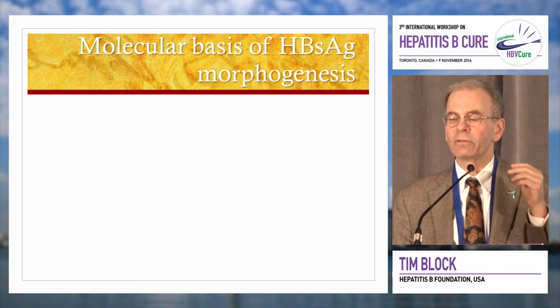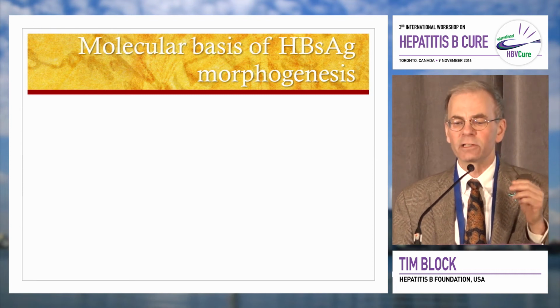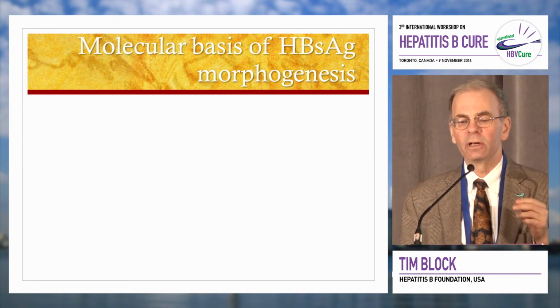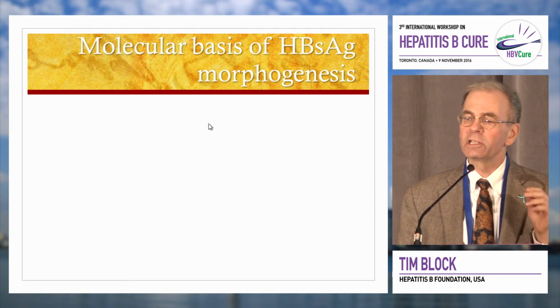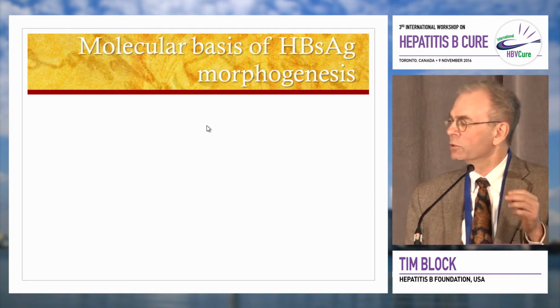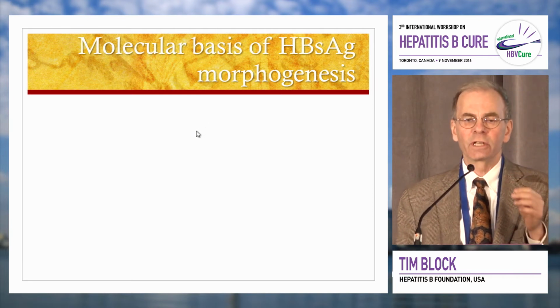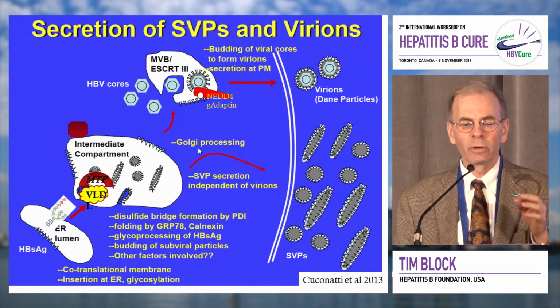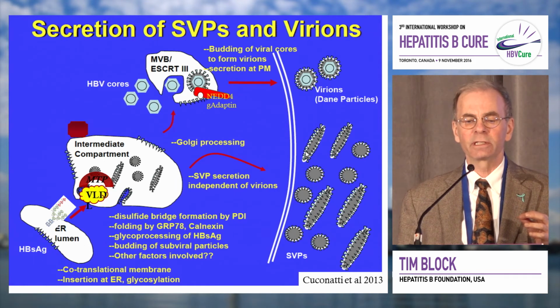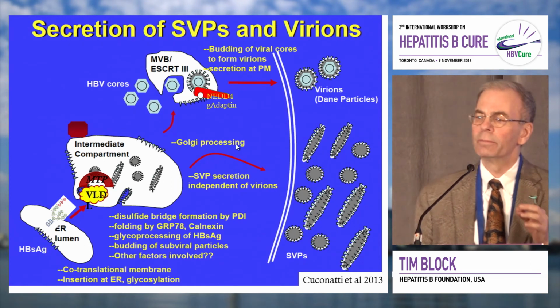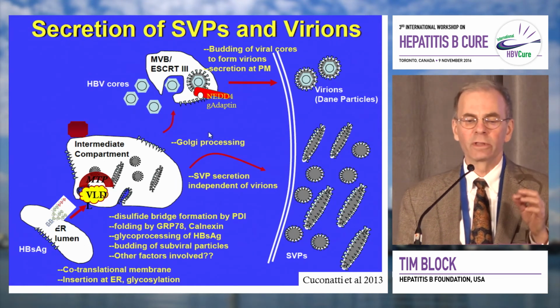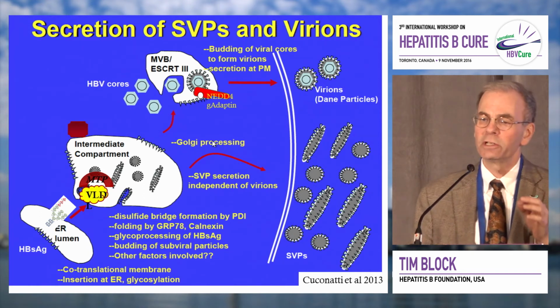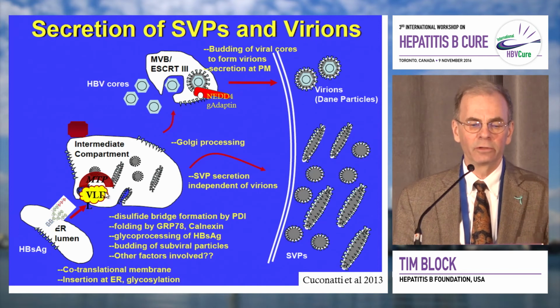Let's look at some of the molecular basis of HBsAg secretion or morphogenesis, which is complicated, but it will suggest to us a number of sites of intervention in these cells. Remember, the production of these particles inside a cell is an extremely unusual thing for the cell to do, to move these particles around, except the only analogy, to my knowledge, is of course the LDLs or the VLDLs.